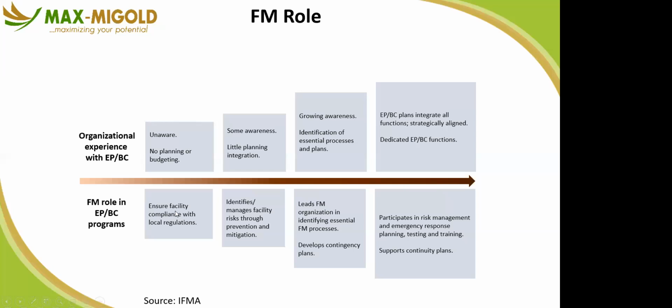If there is growing awareness, you are on level 2, where you're able to identify some essential processes. You have some plans in place as regards emergency planning, emergency preparedness and business continuity. As an FM, you need to lead the organization in order to identify the critical or the essential management processes. And you need to have a contingency plan, a backup plan for emergencies.